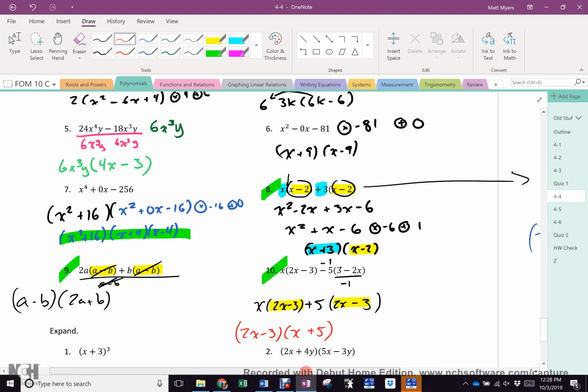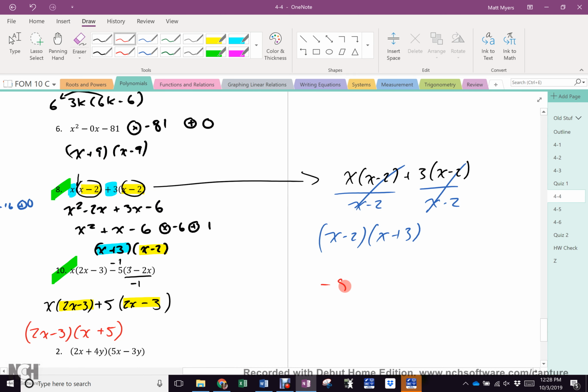And I want to show you this. If I have negative 5, 3 minus 2x, and I distribute that, what is negative 5 times positive 3? Negative 15, right? What's negative 5 times negative 2? Positive 10x, yeah? Everyone's happy with that, right?